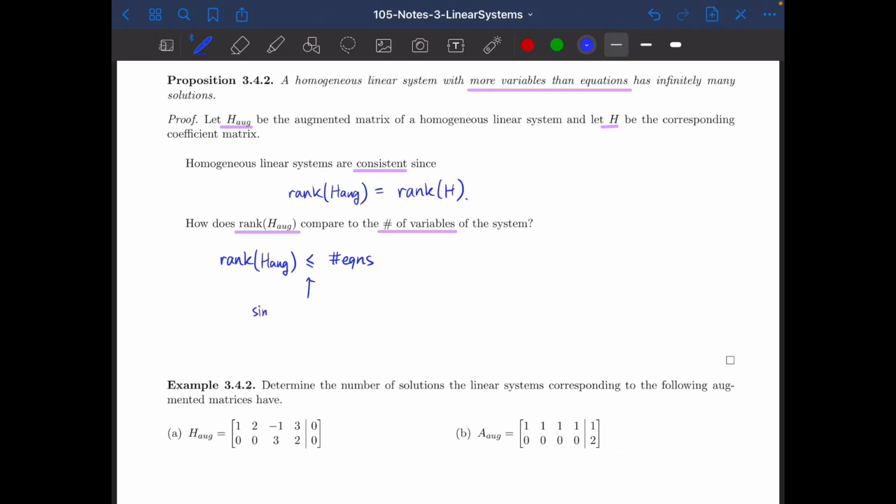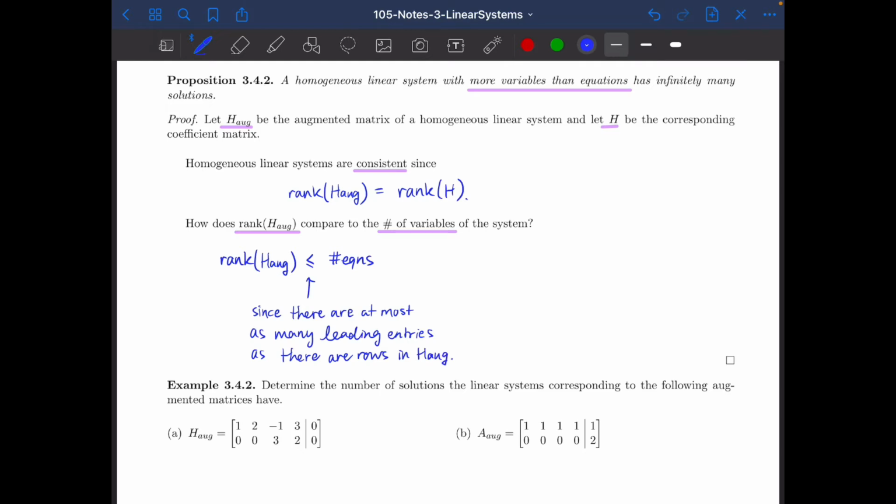Well, that is since there are at most as many leading entries as there are rows in the augmented matrix.